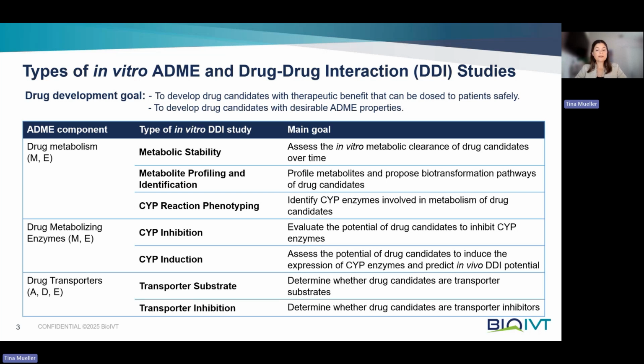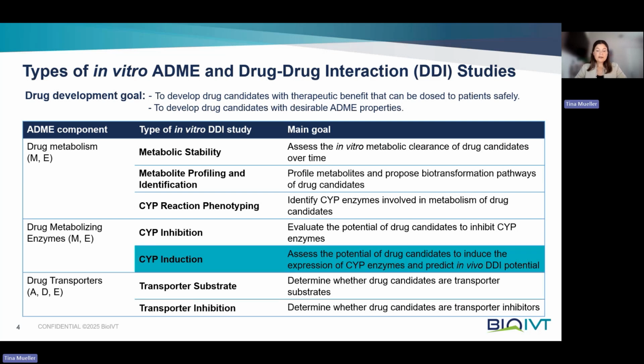So generally, they can be grouped into three categories, namely drug metabolism, drug metabolizing enzymes, and last but not least, drug transporters. And today, we are talking about CYP induction, which is part of the drug metabolizing enzyme studies and assesses the potential of drug candidates to induce the expression of CYP enzymes and predicts in vivo DDI potential.